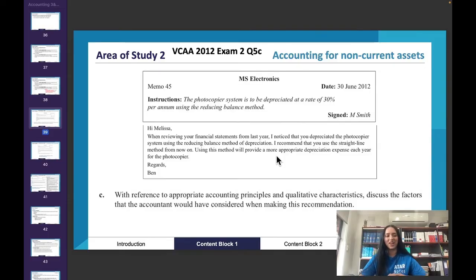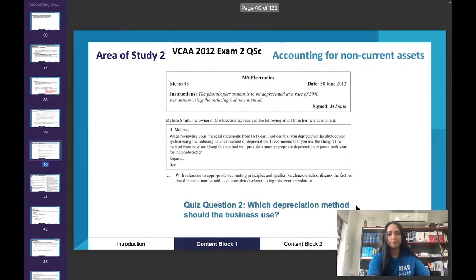And so this is a common theory question that you might be asked. It says, with reference to the appropriate accounting principles and qualitative characteristics, discuss the factors that the accountant would have considered when making this recommendation. So, question 2, think about which depreciation method the business should use.